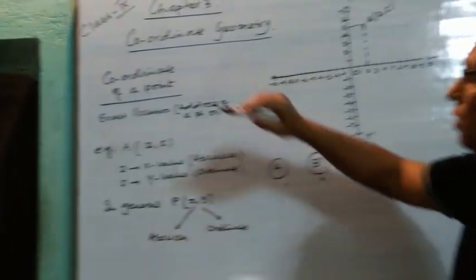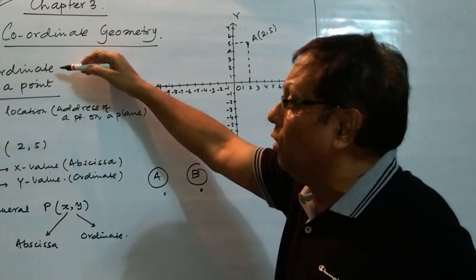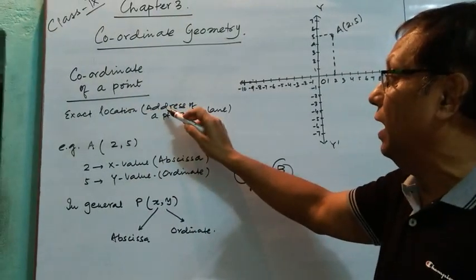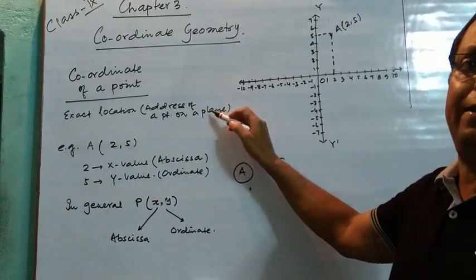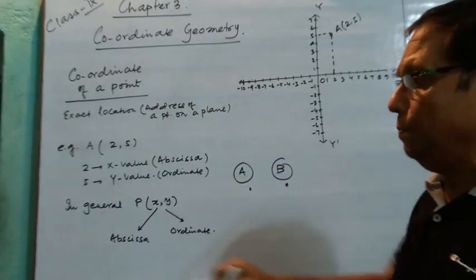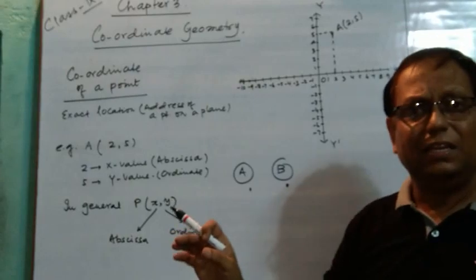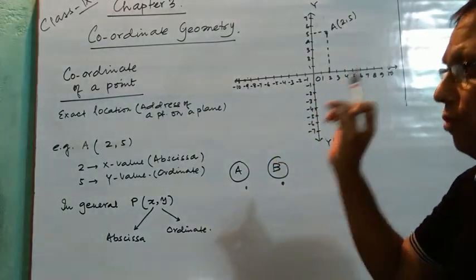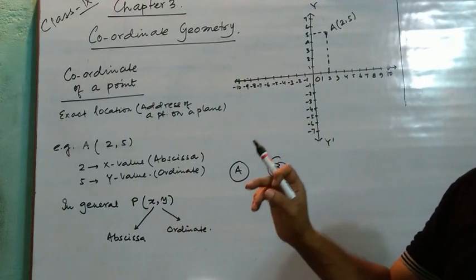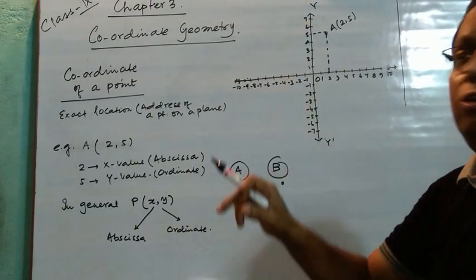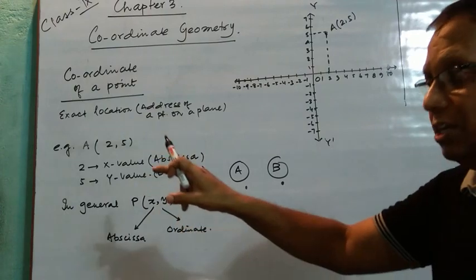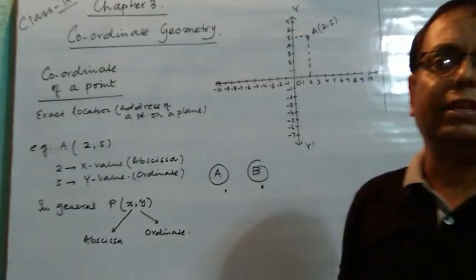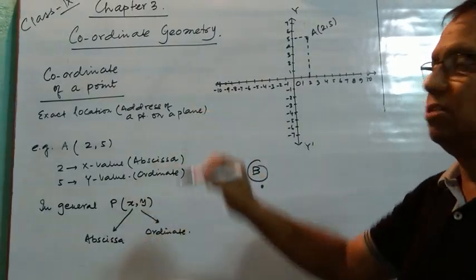Now, coordinate of a point means exact location or address of a point on a plane. In this plane, points are there, exact location we have to find, we have to reach a particular point, and in order to search that particular point, we need the coordinate of the point. It is the address of the point.